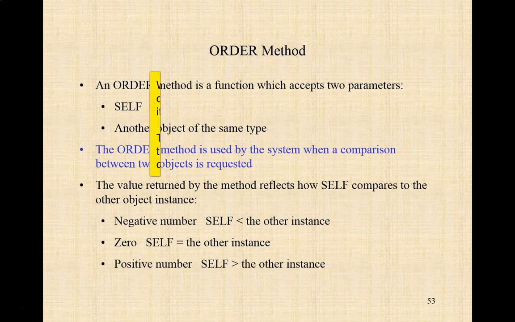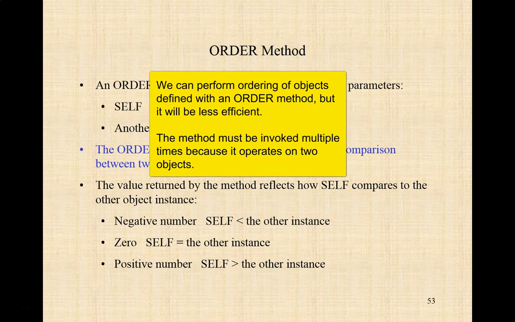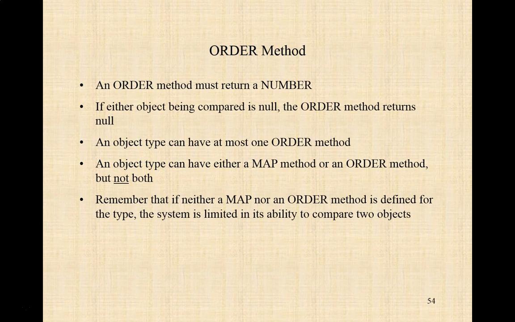So unlike map methods, order methods cannot determine the order of a number of objects. They simply tell you that the current object is less than, equal to, or greater than the object that it is being compared to, based upon the criterion used within this function. An order method must return a number, and that makes sense based upon what we just explained.